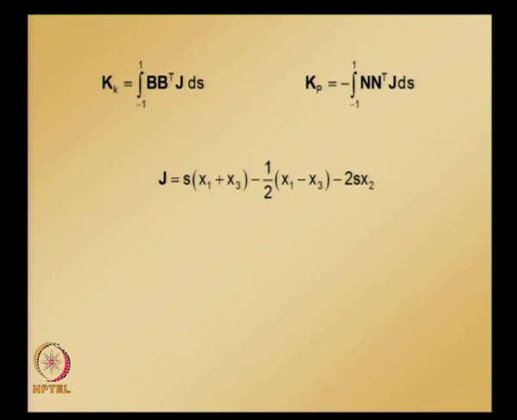Before we solve for critical buckling load or mode shapes, we are required to evaluate these integrals for each of the elements, and for the problem that we solved, it happened that J is constant.